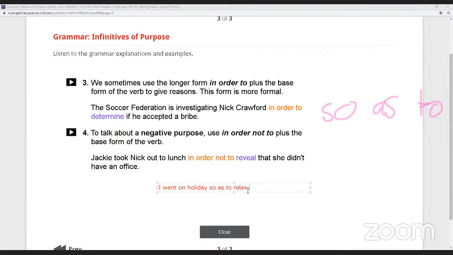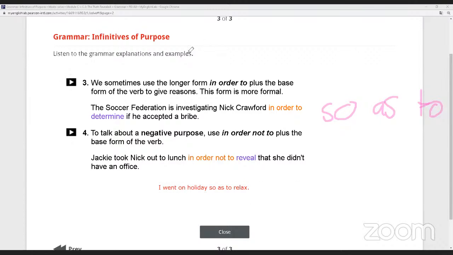In order to, one more time, is a bit more formal. Do you have any questions, maybe? So as to is like the same? Yes, in order to and so as to are the same. The difference is the formality of each. In order to is the most formal.